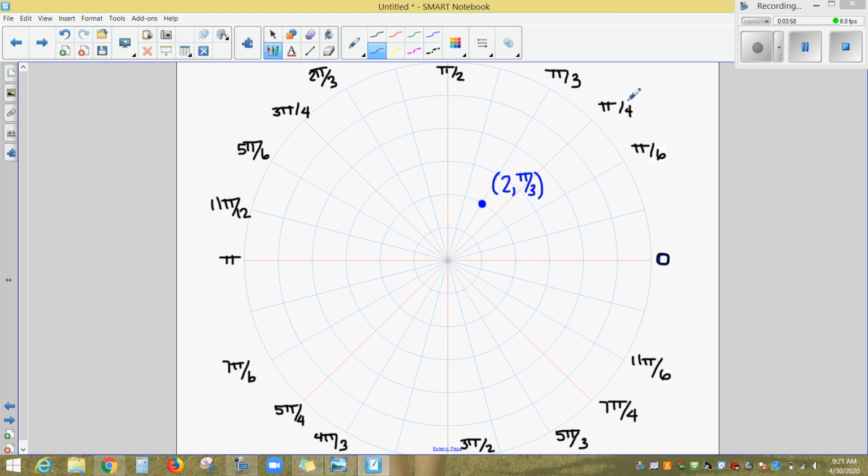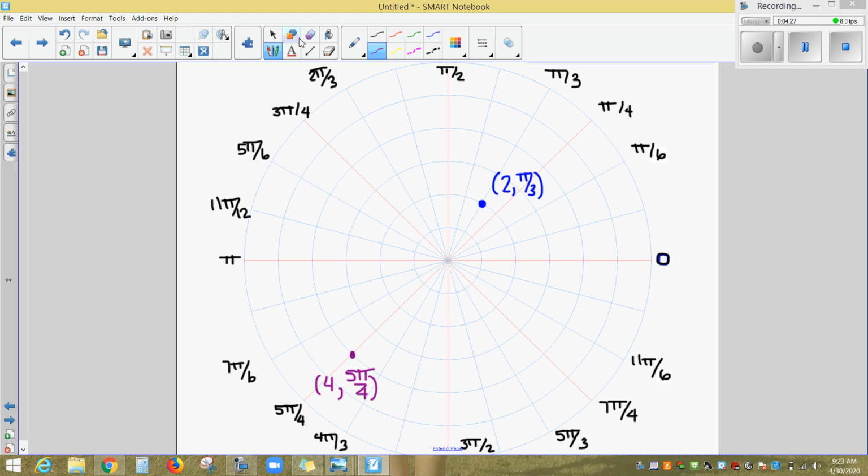Maybe I wanted to go 4 steps in the direction of 5 pi over 4. 5 pi over 4 is here. And if I go 1, 2, 3, 4 steps out, I end up over there. Oops, did I get it off my map?